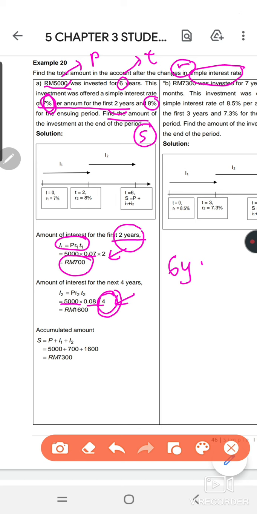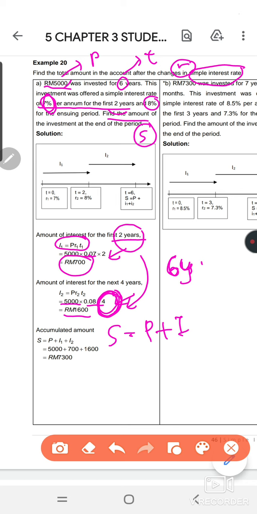Okay, so dia still ada lagi 4 tahun. So jumlah dia akan jadi 6 years. Okay, so 2 plus 4 equals to 6 years. So kat sini awak jangan ambil 6 tahun. Kita ambil yang baki tu adalah 4 years. So your interest now is 1,600. Okay, so accumulated amount maksudnya awak just tambah, kita guna formula S = P plus I.